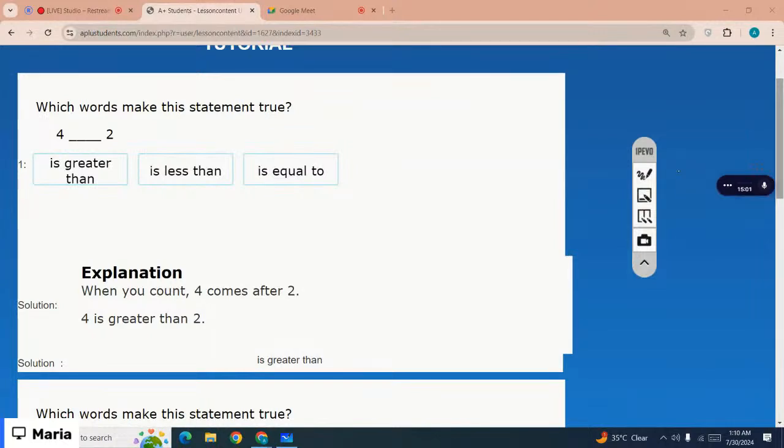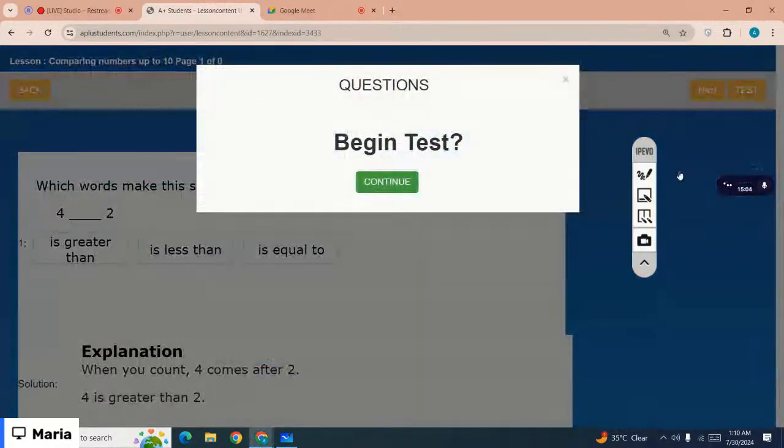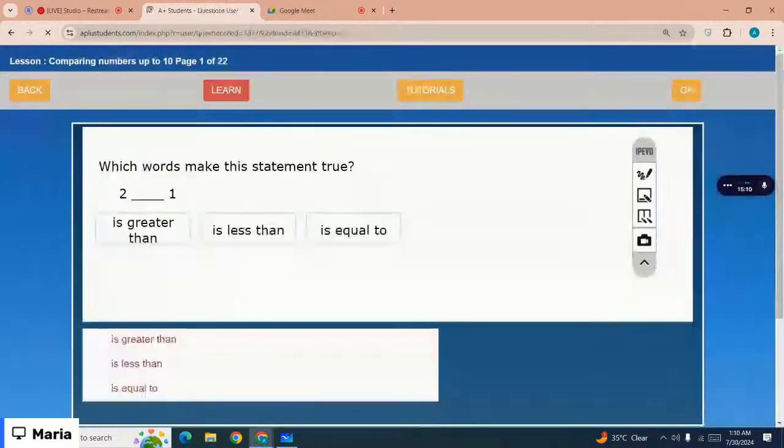Let's just start with the test questions. So if a number comes after the other number, that later one is greater. Which words make the statement true? 2 and 1.